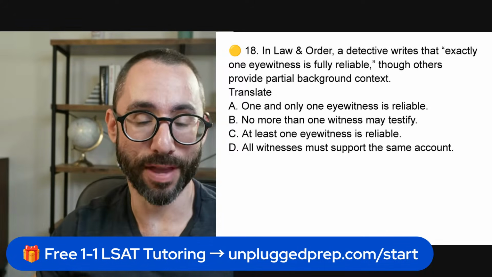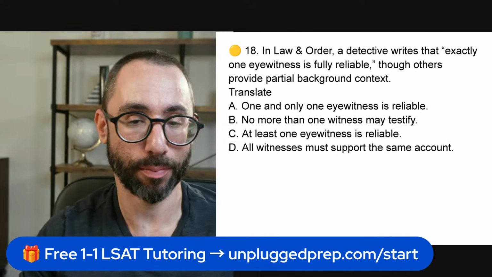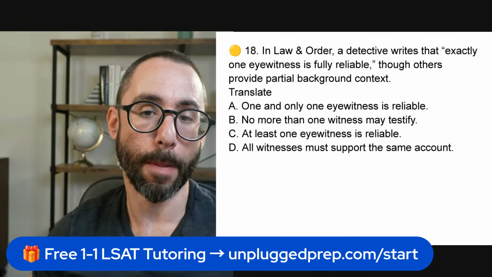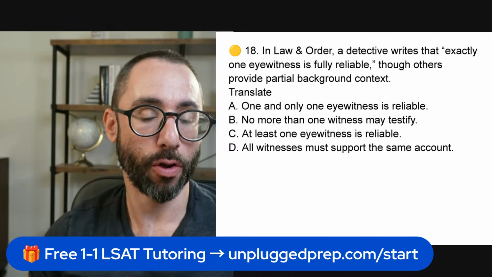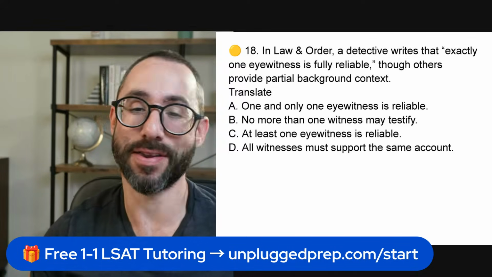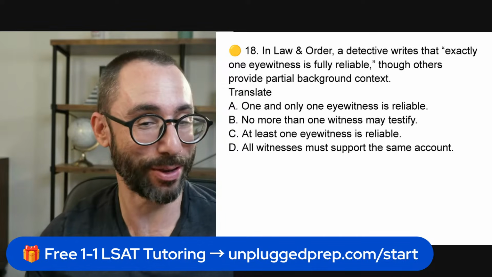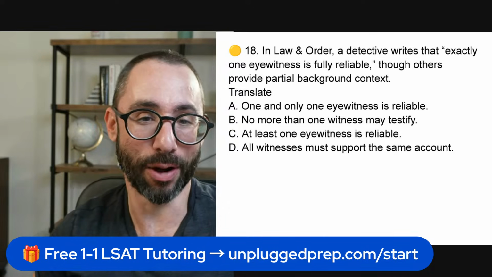But the quoted statement says exactly one eyewitness is fully reliable. Bit different there, right? So in the original, fully reliable means reliable, period. Partial context is not the same thing as reliability. It might give some information, but maybe questionable that you can't really count on.